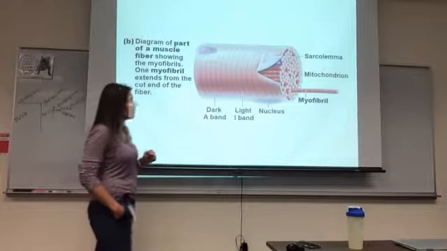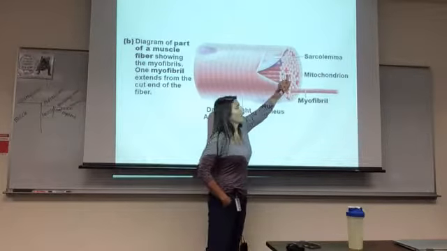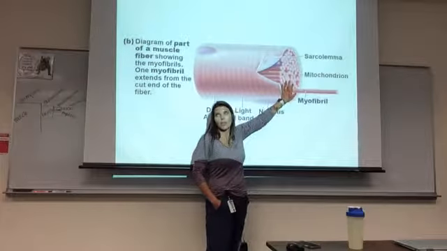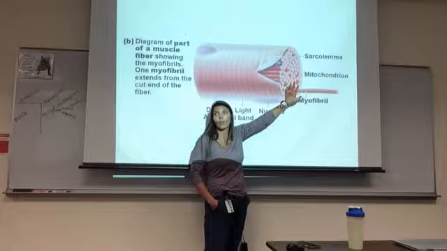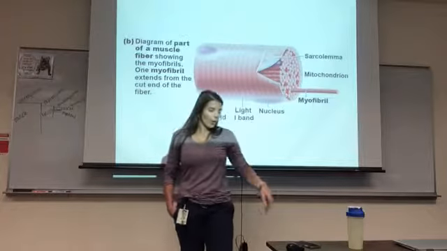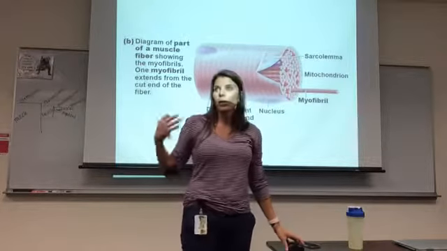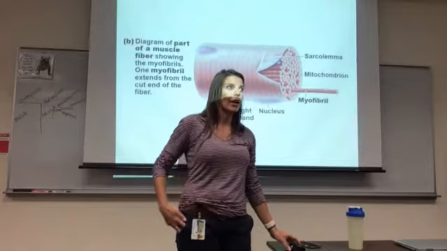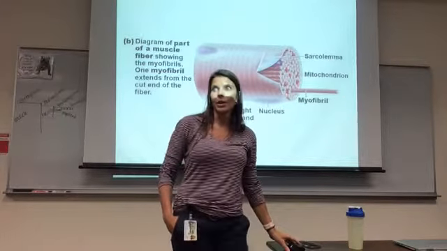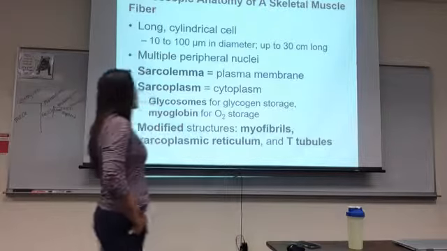Also look at mitochondria. The level of mitochondria in your skeletal muscle should exceed all of your other organs, except for your heart. Unless you are a really physically weak person, then you have more mitochondria in your heart. But if you work out a lot and you're very active, you'll probably have more mitochondria in your skeletal muscle. Okay?